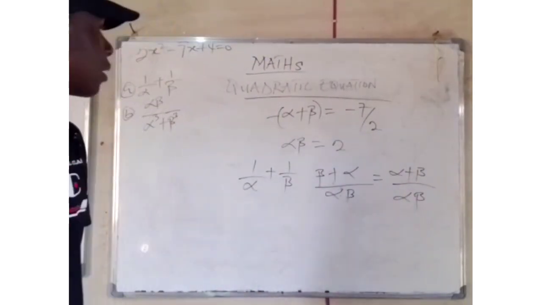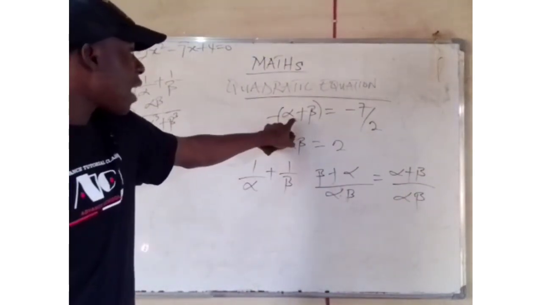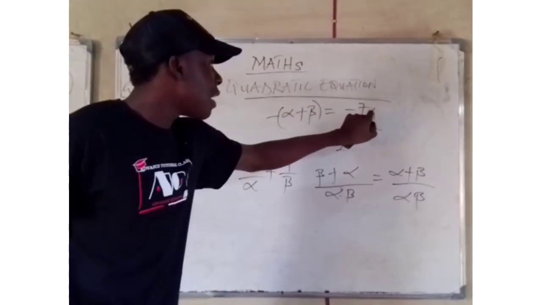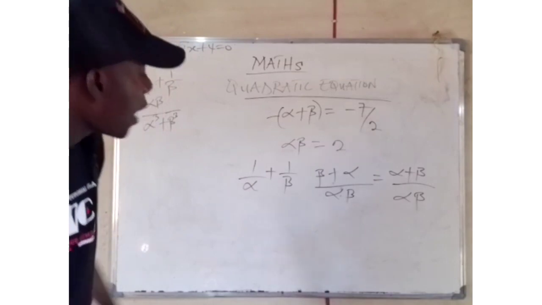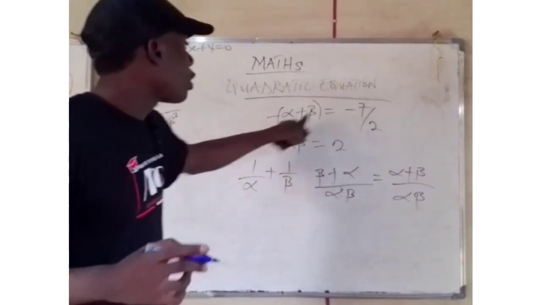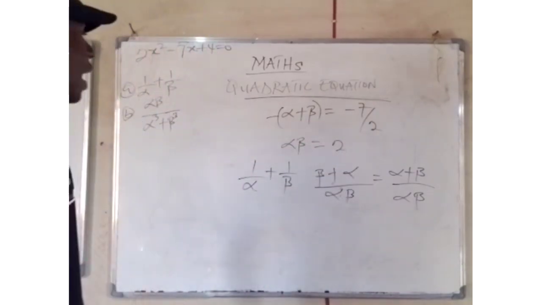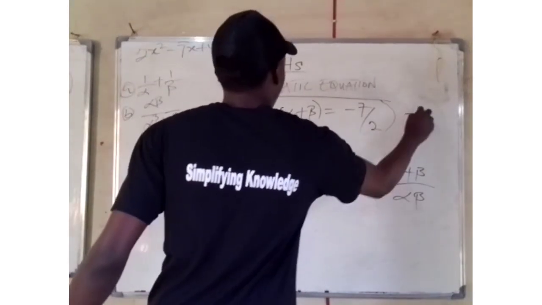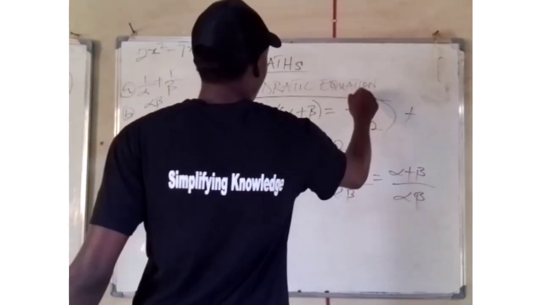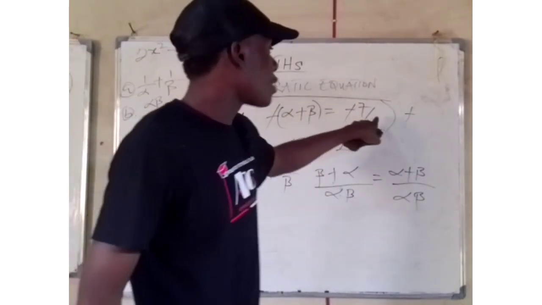Isn't it? But from here we have it that minus alpha plus beta is the same thing as what? Minus 7 over 2. And what we need here is alpha beta. So what we simply do is multiply 2 by what? Minus, right? So when you multiply this by minus, minus cancels minus, and minus cancels minus. So alpha plus beta is the same thing as 7 over 2.